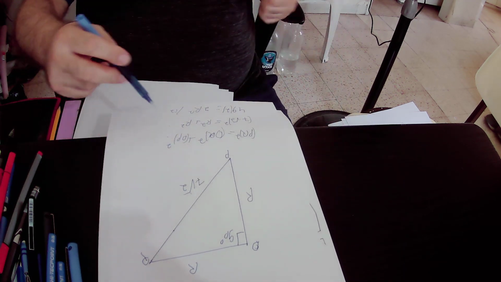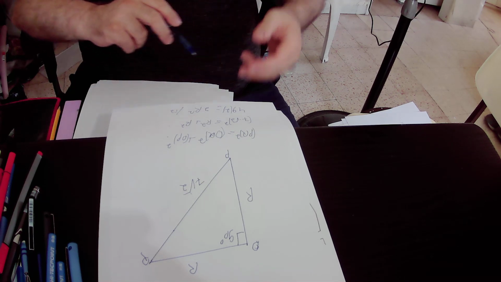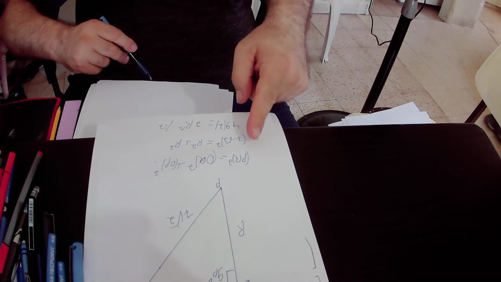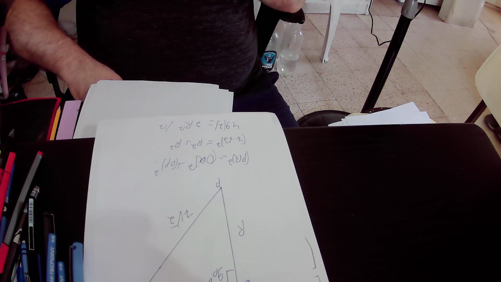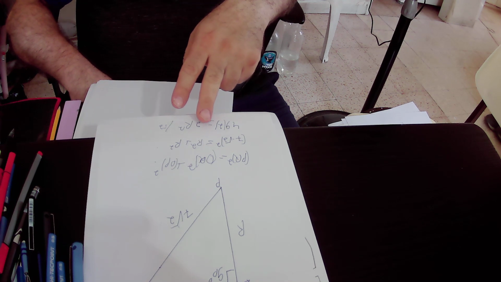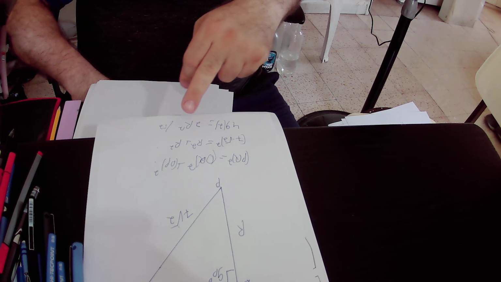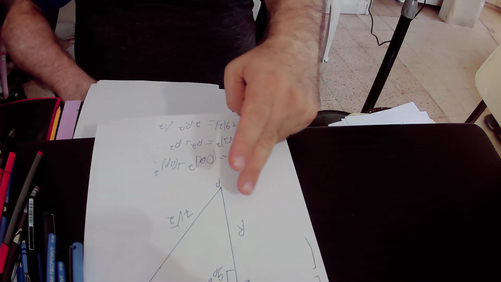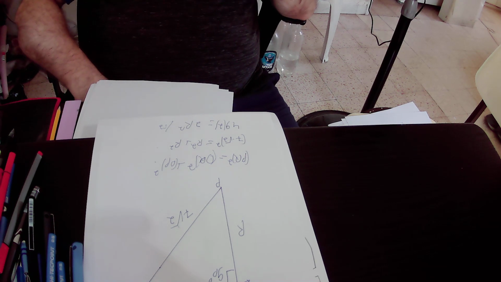We know that PQ equals 7 times root 2, so we can substitute PQ by 7 times root 2. We know that OQ equals R, so we can substitute OQ by R, and we also know that OP equals R, so we can substitute OP by R.